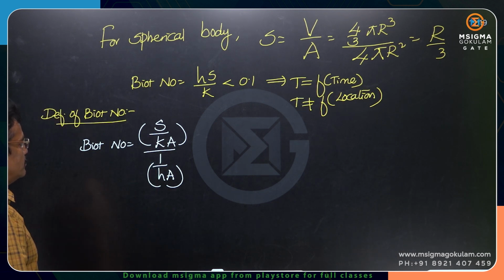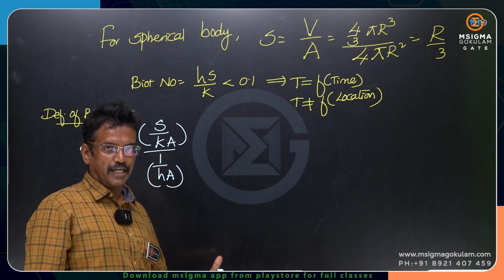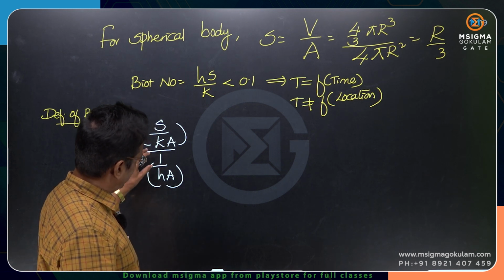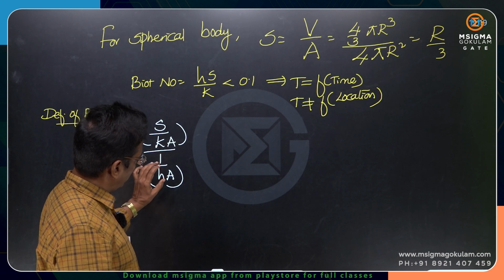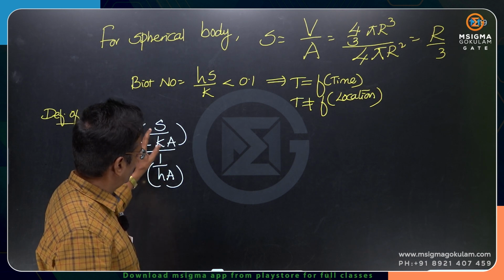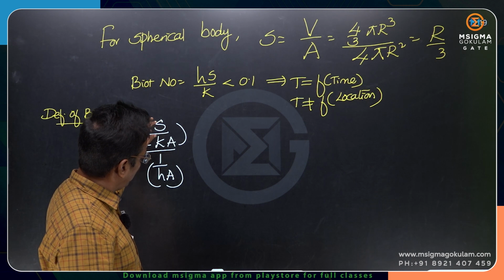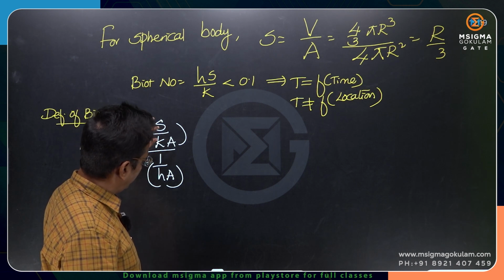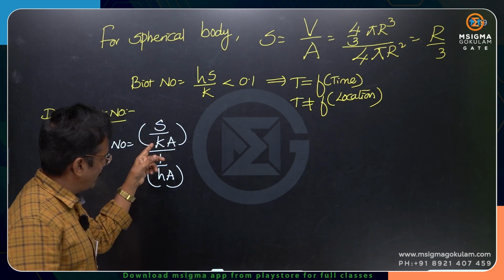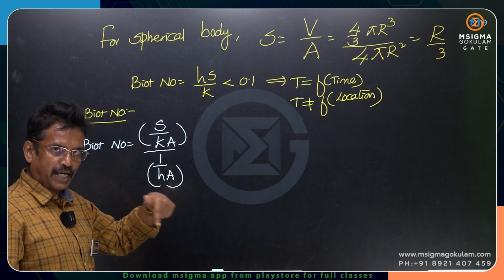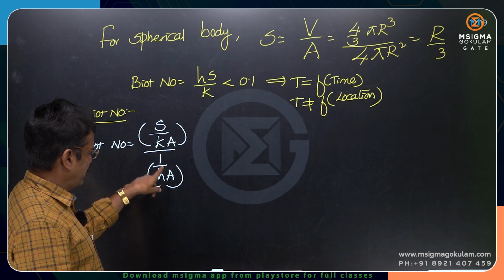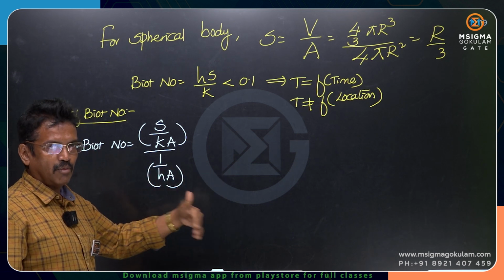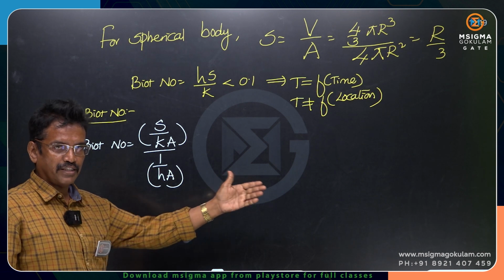What is S/k? It looks like L/kA, the conduction thermal resistance. And 1/hA is the convection thermal resistance. So this is the internal conduction resistance offered by the body against internal conduction heat transfer, divided by the surface convective resistance between the surface of the body and the ambient fluid.